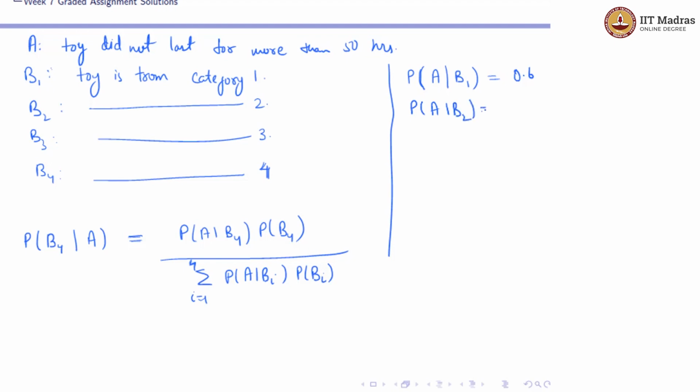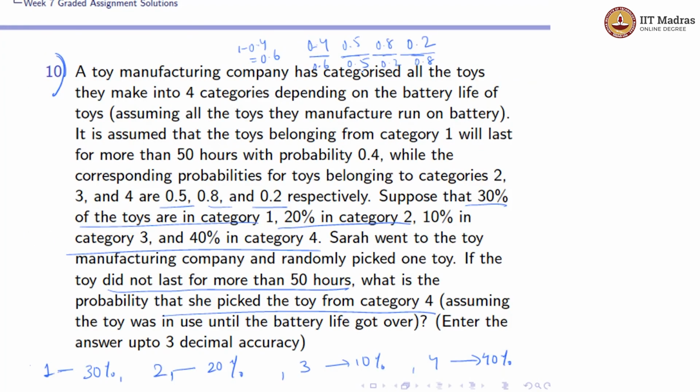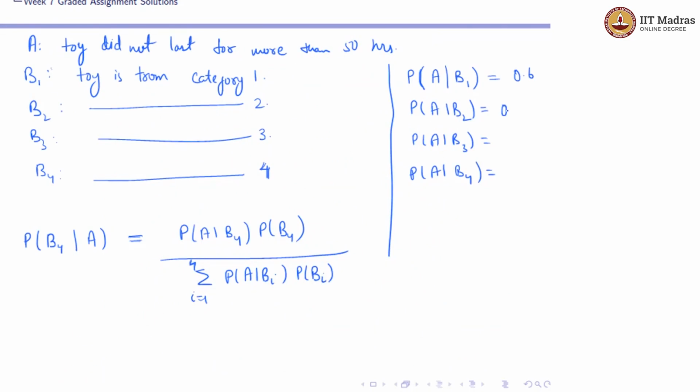Probability of A given B2, probability of A given B3, and probability of A given B4 are 0.5, 0.2 and 0.8.